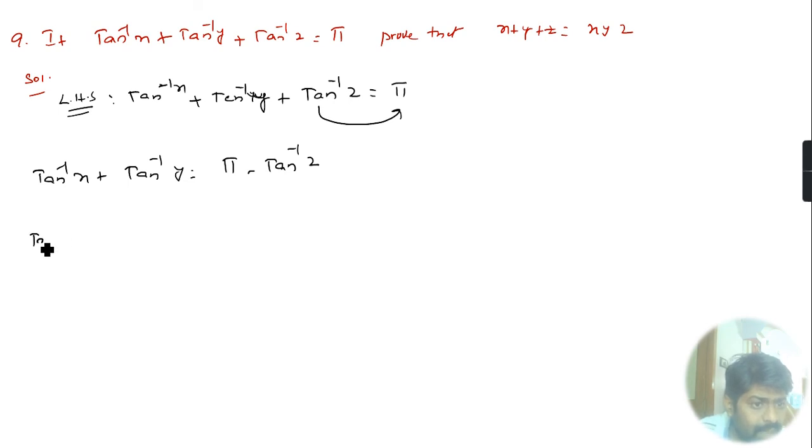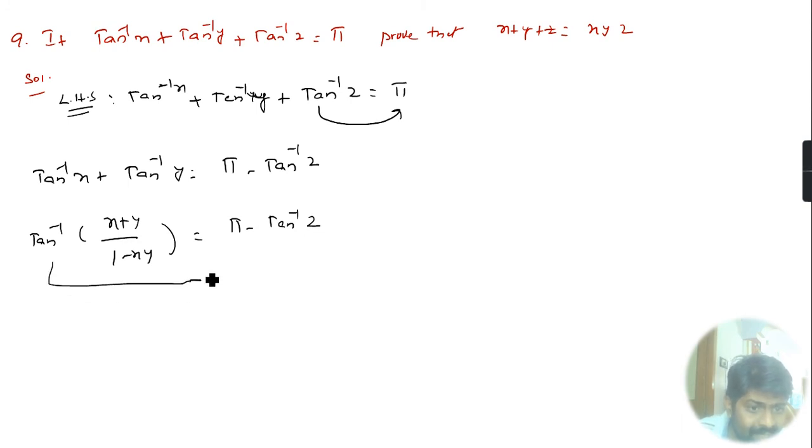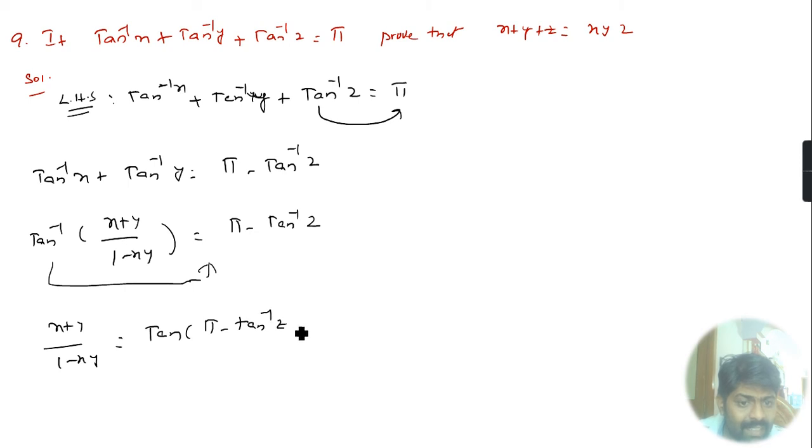The formula is tan inverse of (x plus y) by (1 minus xy) equal to pi minus tan inverse z. Then this tan inverse is converted into this side, then it becomes (x plus y) by (1 minus xy) is equal to tan of pi minus tan inverse z.